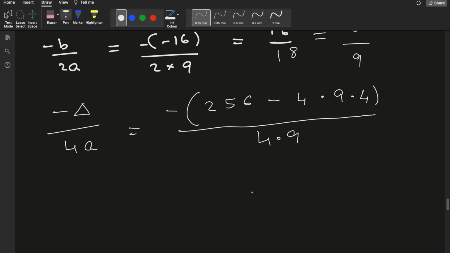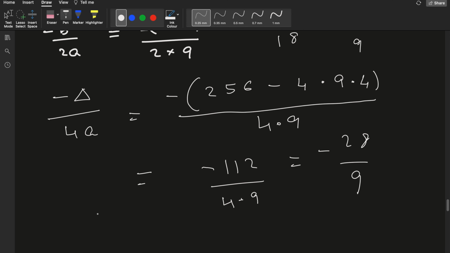If we use the calculator to find that, that would be minus 112 divided by 4 into 9. And this would be minus 28 divided by 9. So this is the answer. The vertex would be 8 by 9, minus 28 by 9. This is our final answer.